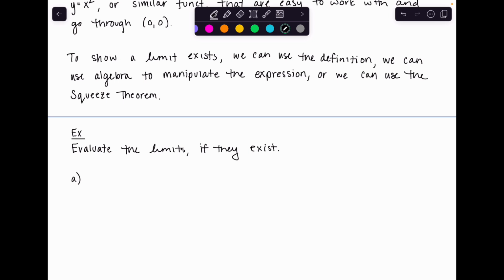So let's start with probably the nicer of the two. Let's take the limit as xy approaches 0, 0 of x squared plus y squared divided by the square root of x squared plus y squared plus 1 minus 1.